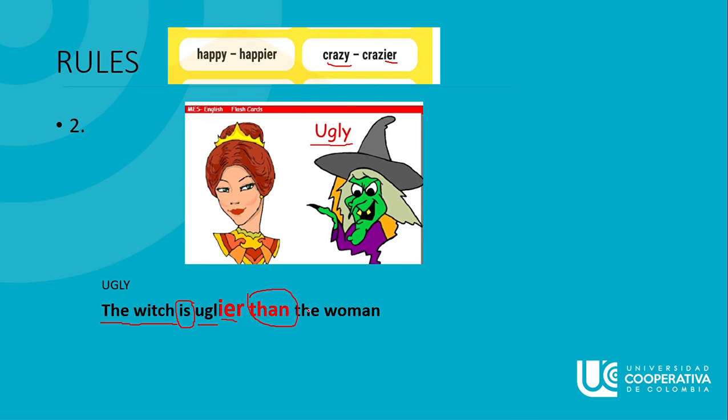Remember, this is the connector between subject A and subject B. And in here we have the sentence, the witch is uglier. The witch is uglier than the woman. Okay?